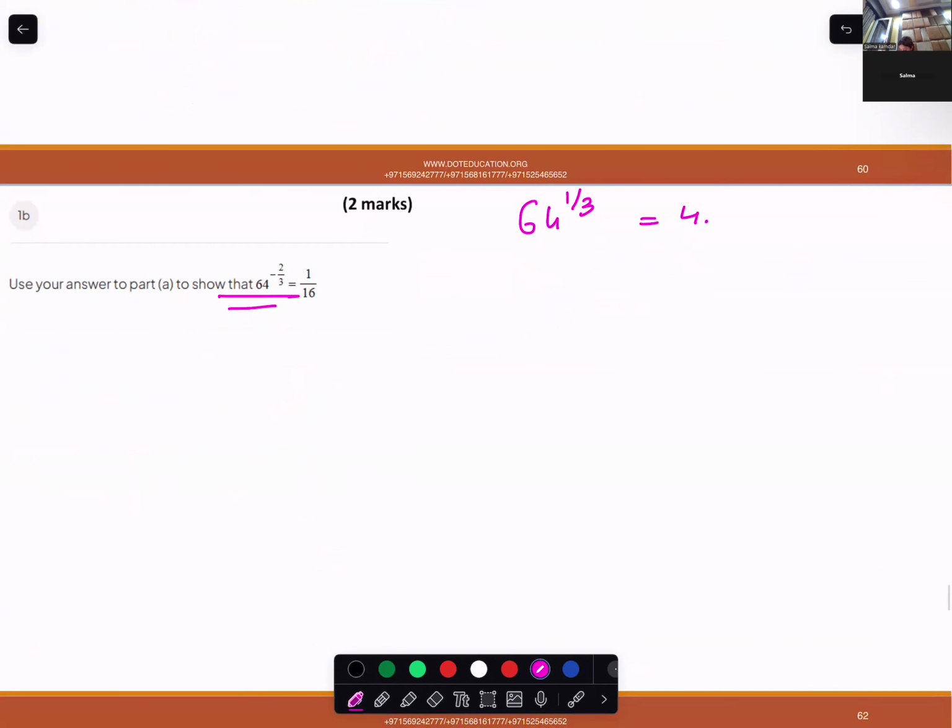So this I have to split into one of these parts. So this becomes 64 raised to 1 by 3, the whole raised to minus 2, because 1 by 3 into minus 2 is going to give minus 2 by 3.